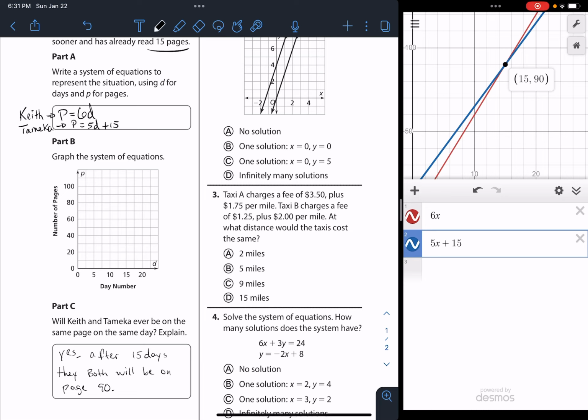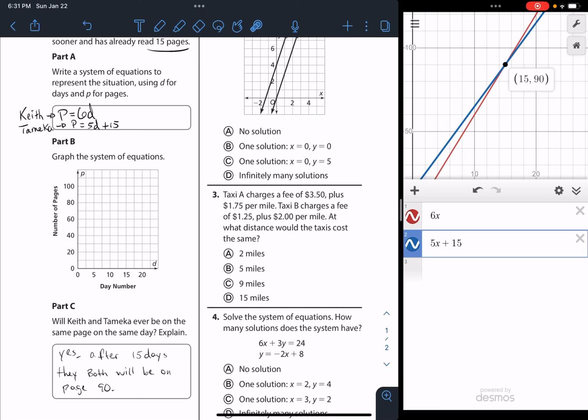And I got that from the information that's over here on the graph. I know my laser pointer can't go over there, but over there on the graph where it says 15, 90, that 15 represents the days and the 90 represents the pages. So after 15 days, they will both be on page 90. So yes, they will be on the same page by a certain day.